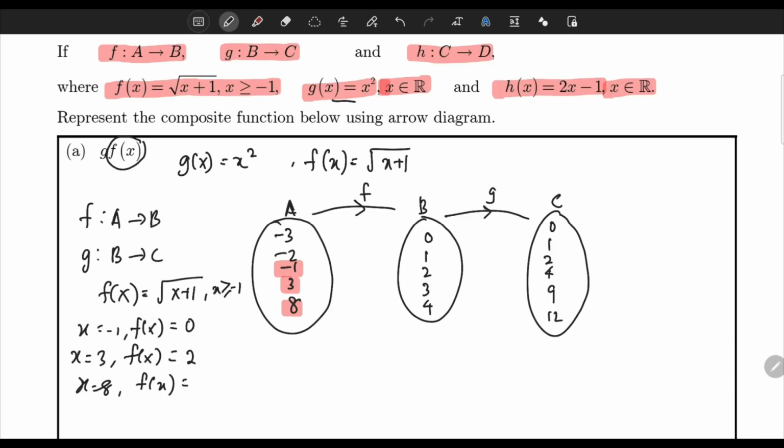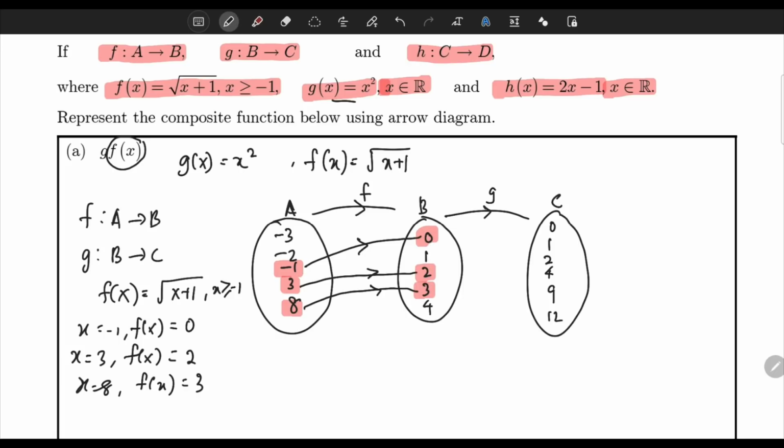When we substitute 8, we get 3. So draw the arrow from negative 1 to 0, from 3 to 2, and from 8 to 3. So we have 0, 2, and 3 here.